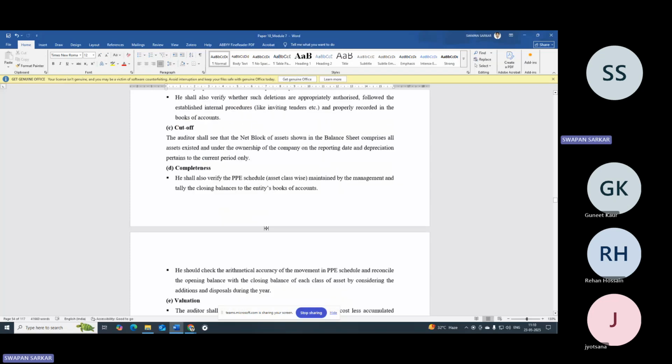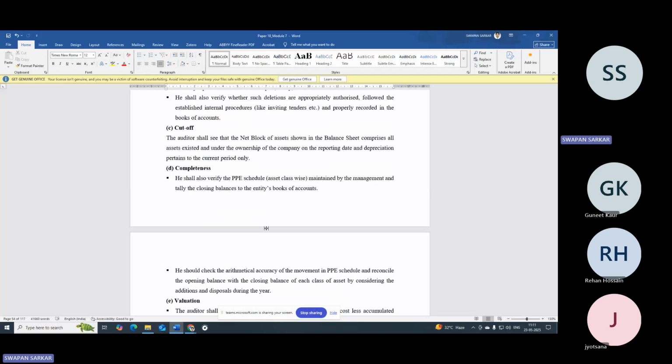Then cut-off. The auditor shall see that the net block of assets shown in the balance sheet comprises all assets that existed and are under ownership of the company on the reporting date, and depreciation pertains to the current period only. Next, completeness. He shall also verify that the PPE schedule is maintained asset class-wise by the management and tally it with the closing balances of the entity's books of accounts.